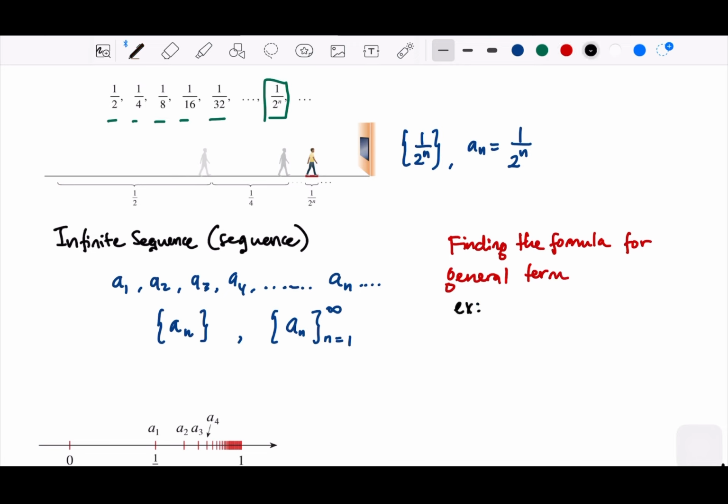Example, you are given the sequence 3 over 4, oh, I forgot to charge the pencil.